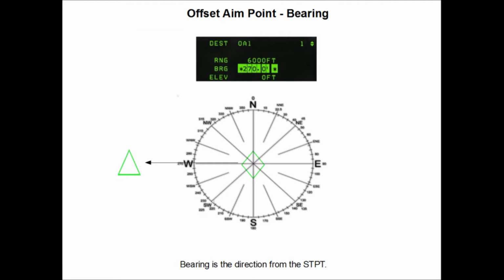Now that we have our range set and we hit enter on the ICP, that takes us down to our bearing line. Now what the bearing is the heading to or away from the steer point, depending on how you want to look at it. Now the way this is set up is normally you are going to have that either being the heading that you're flying to your steer point or away from your steer point. Now remember, this isn't like doing a pop-up.